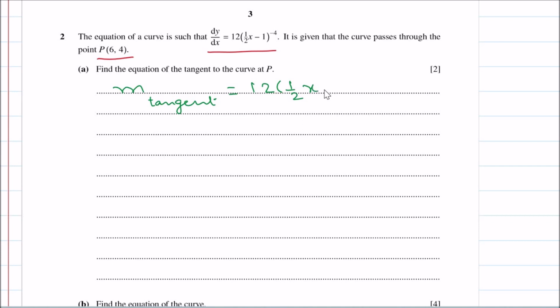This is dy by dx, 12 times (1/2 x minus 1) raised to the power minus 4. Now the x coordinate is 6, given. So 12 times (1/2 into 6 minus 1) raised to the power minus 4, and that simplifies to 12 times (3 minus 1) raised to the power minus 4, which is 12 times 2 raised to the power minus 4, that gives us 1 by 16.